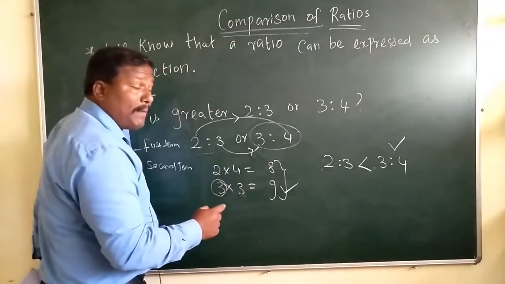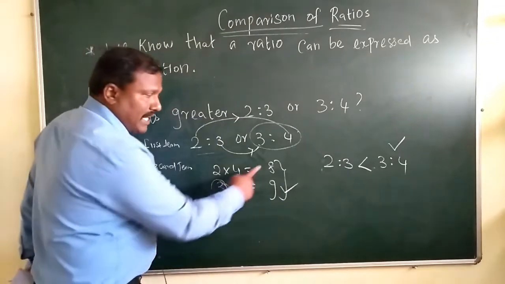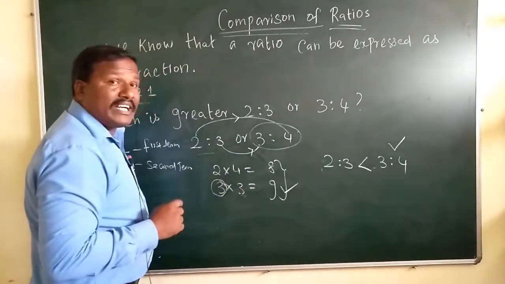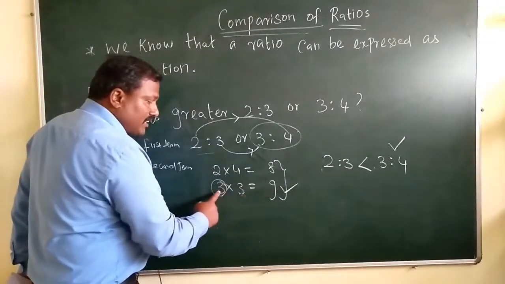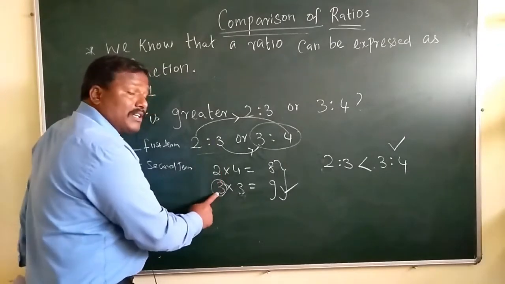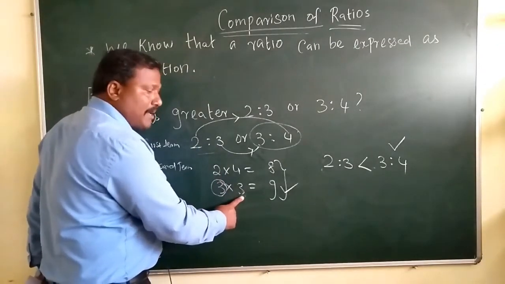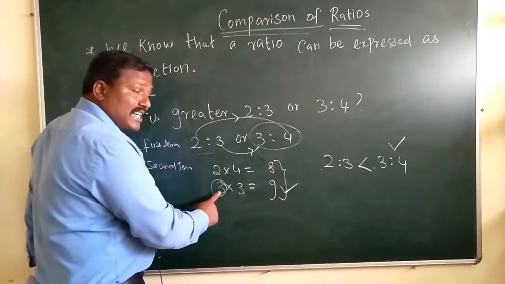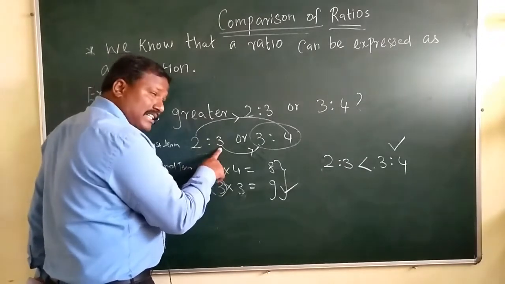You compare the two obtained products, 8 and 9. 9 is greater, and 9 is obtained from the second term of the first ratio and the first term of the second ratio.